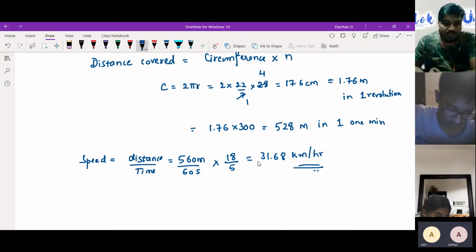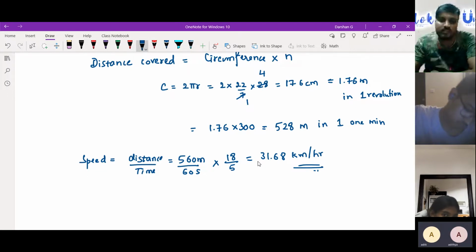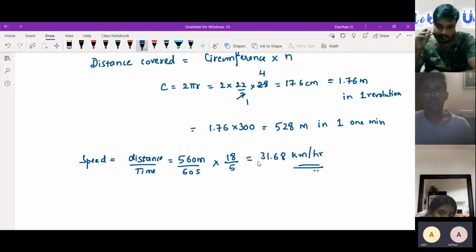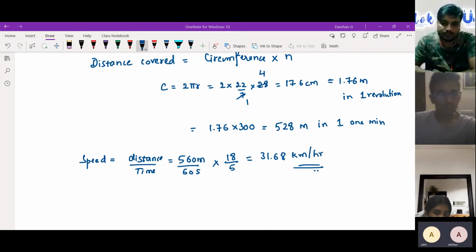I'll give you another 30 seconds to go through this. If you have any doubts, let's discuss, and let's also discuss how to do this without this multiplication factor. Please make a note of this.